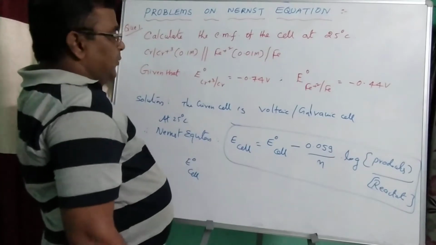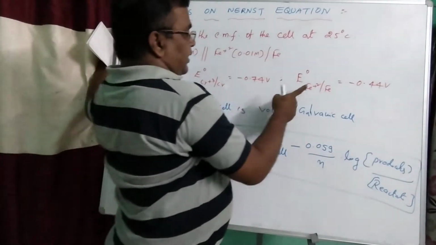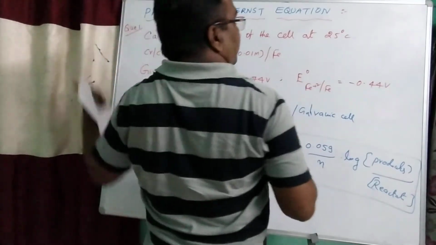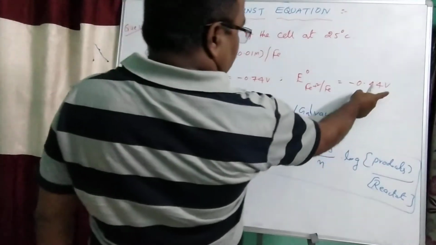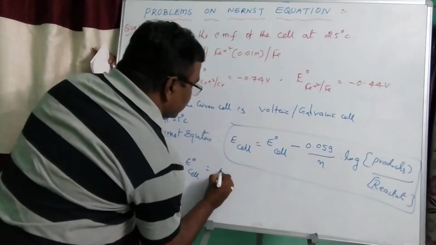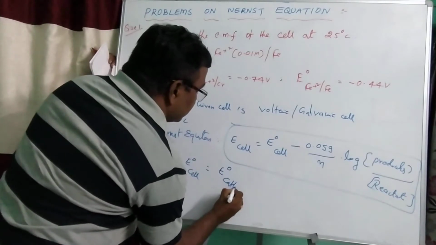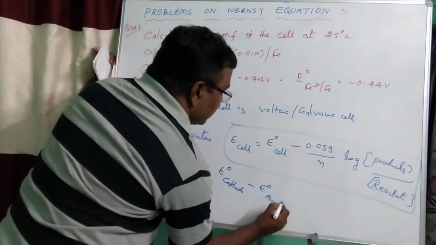That means there are two values, Cr plus 3 | Cr and Fe plus 2 | Fe SRP. So what is the major value? The major value here is minus 0.44. Therefore E0 cell is equal to E0 cathode minus E0 anode.